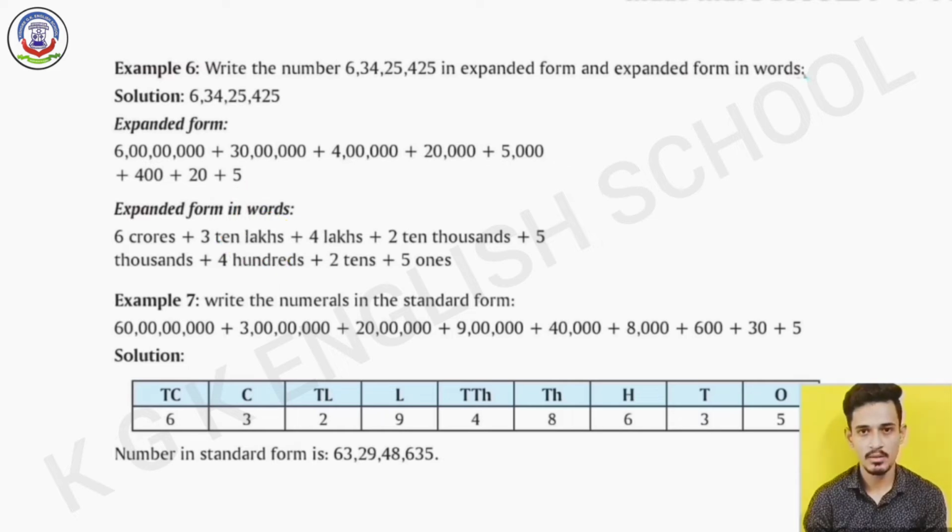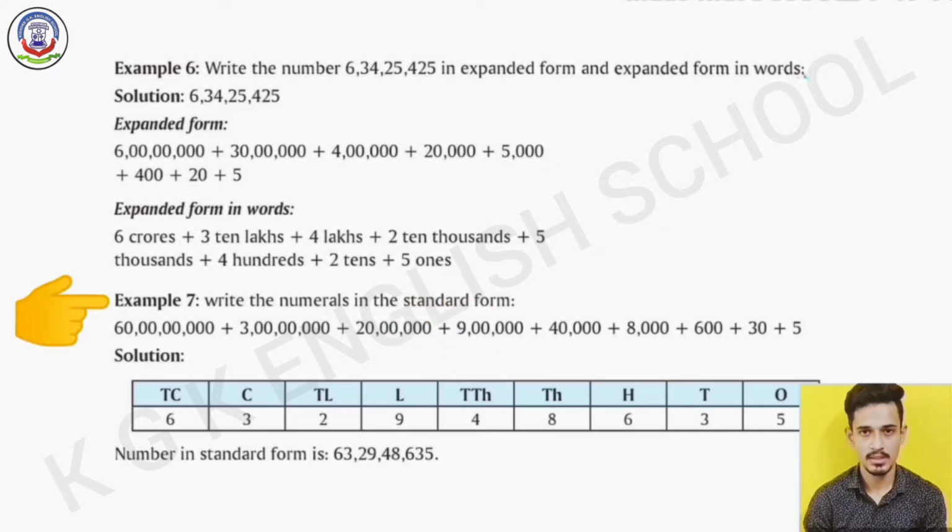So it is written in expanded form. In words, we can write it as 6 crores plus 3 ten lakhs plus 4 lakhs plus 2 ten thousands plus 5 thousands plus 4 hundreds plus 2 tens plus 5 ones.